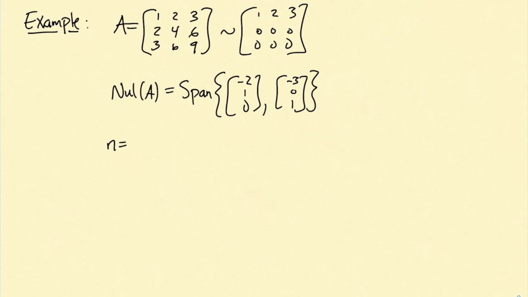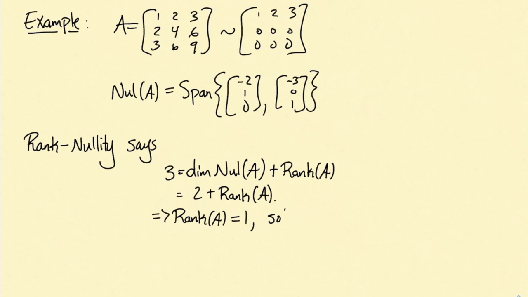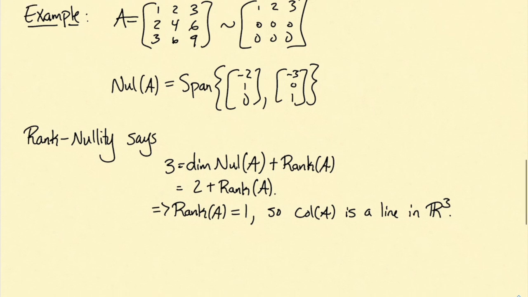So the rank nullity theorem tells us that 3, which is n, should be equal to the dimension of the null space of A plus the rank of A. Being a transformation from R3 to R3, this tells us that the column space is a line.